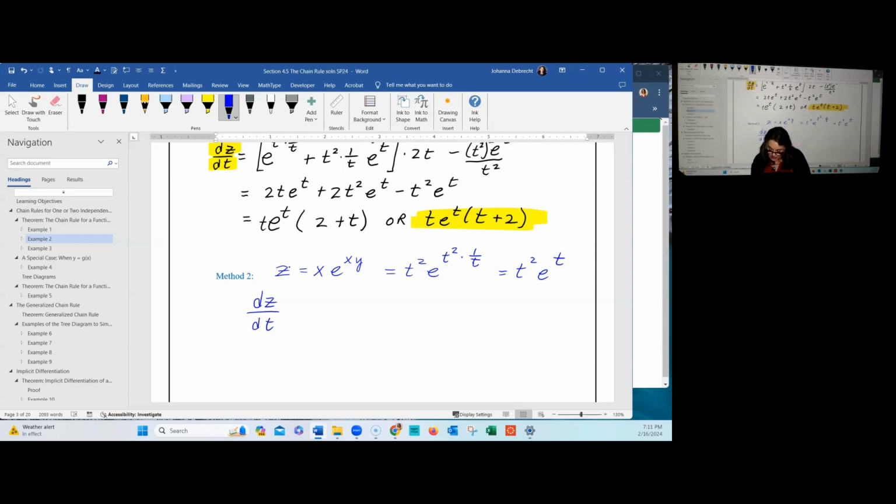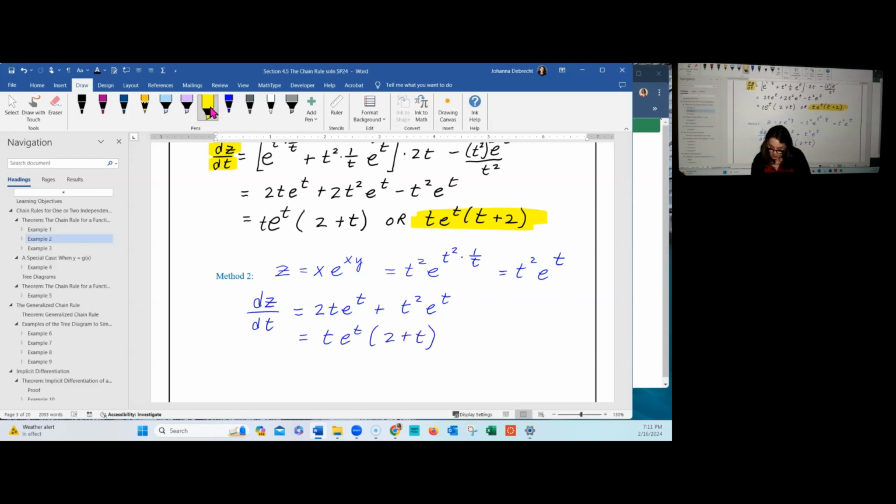Now I can take the first derivative directly as it is written only as a function of one variable. In this case, we again apply the chain rule, which would give me 2t e to the t plus t squared e to the t, which when I factor out the common factor of t e to the t, leaves behind a 2 plus t, or t plus 2.